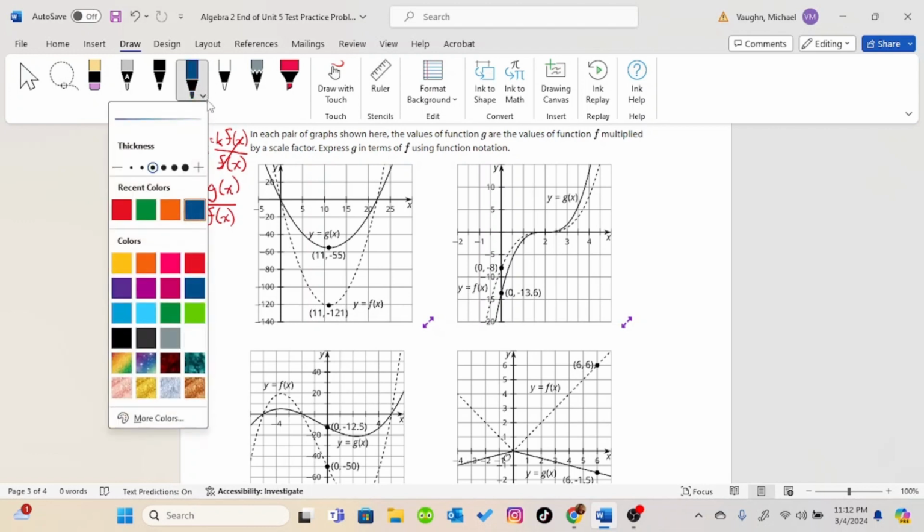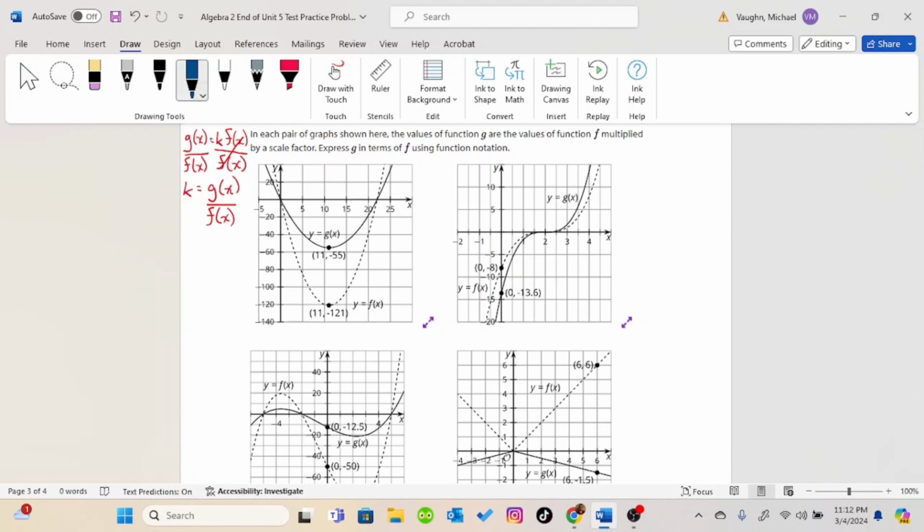So in this top right, k equals the y value for g of x, which is negative 55, and the y value for f is negative 121.